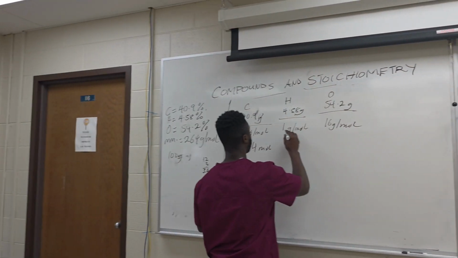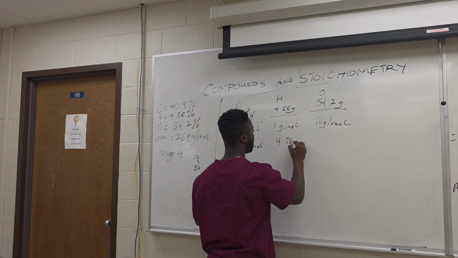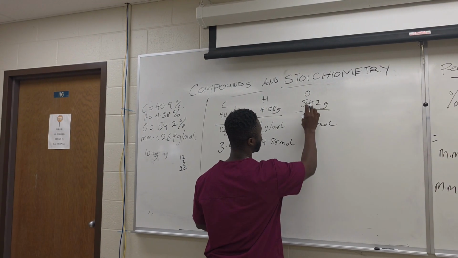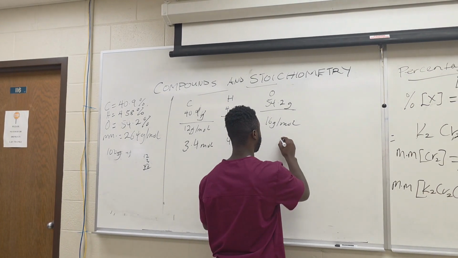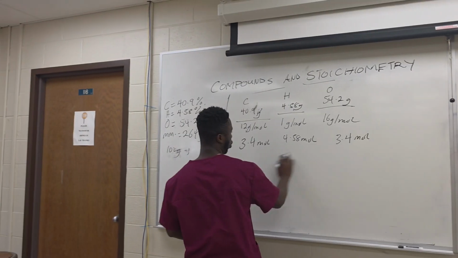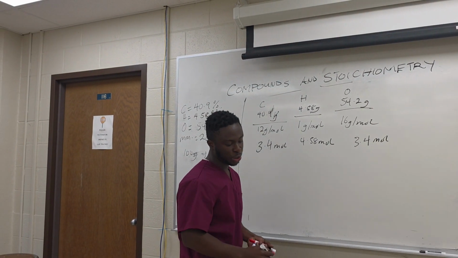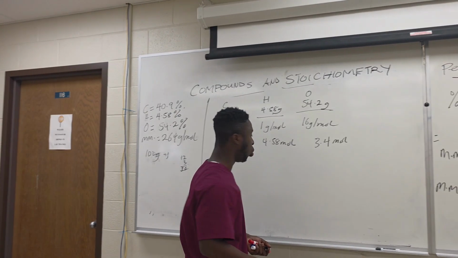And then over here, we get 4.58 moles. And here 54.2 divided by 16, we are also going to get another 3.4 moles. Once we get here, we divide through by the lowest mole, right?